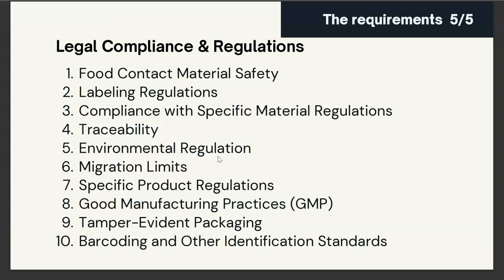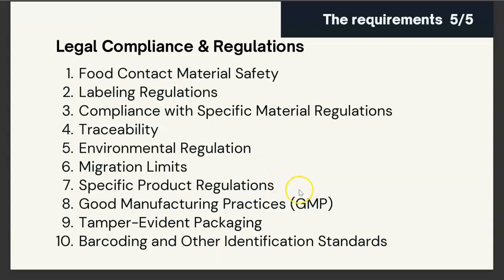Often it specifies the migration of substances from the packaging into the food. So these limits are based on scientific assessments of the levels of what are safe for human consumption.